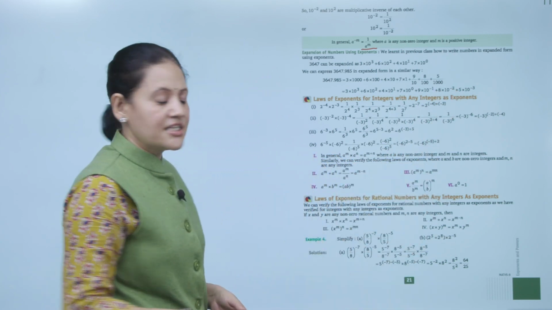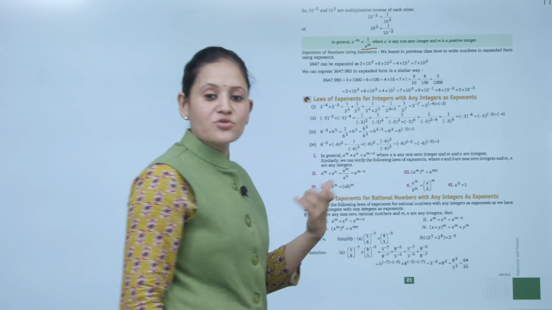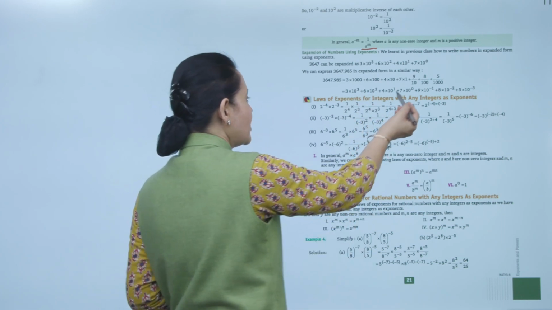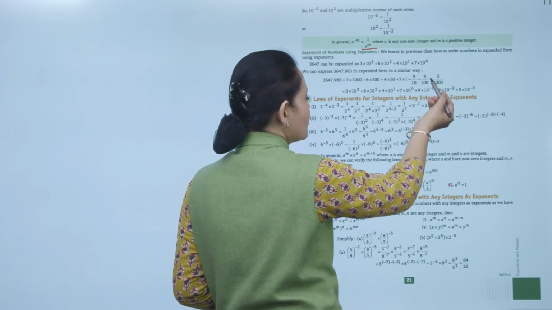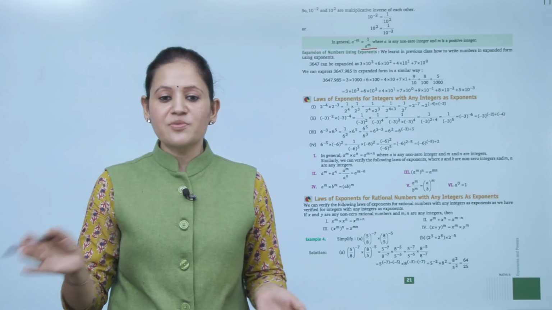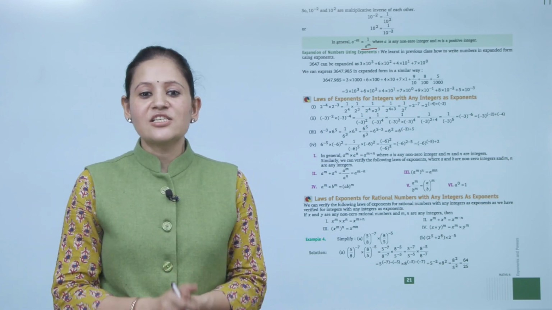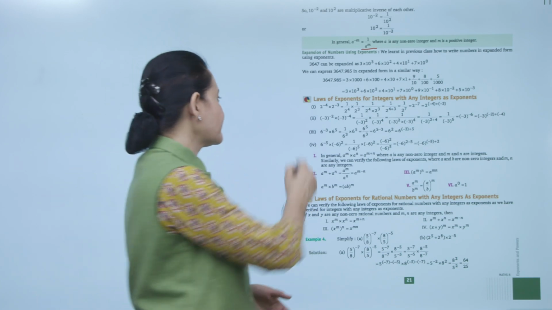Or we can also write it as 3 into 10 to the power 3, 6 into 10 to the power 2 plus 4 into 10 to the power 1 and 7 into 10 to the power 0 plus 9 into 10 to the power minus 1, 8 into 10 to the power minus 2 and plus 5 into 10 to the power minus 3. Clear? Next is laws of exponents for integers with any integer as exponent.